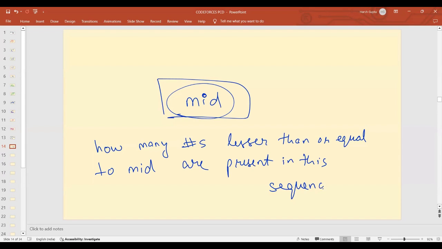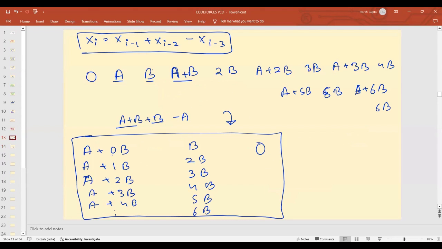How will you tell this? Tell me. If I give you any number mid, how will you be able to answer this? By looking at this pattern.